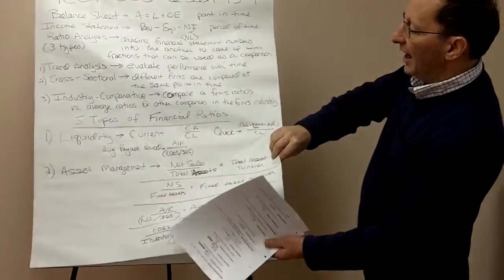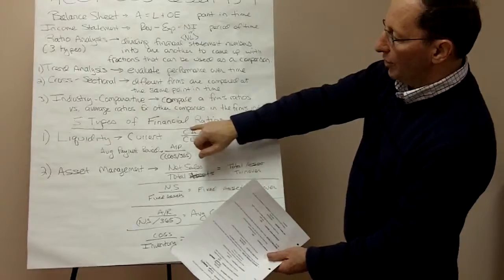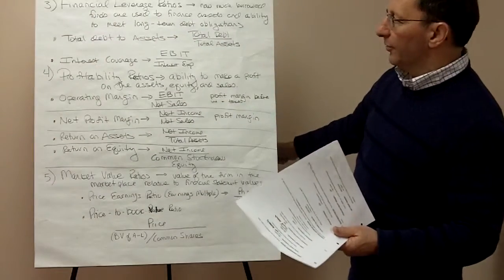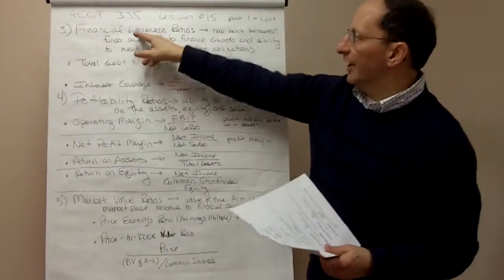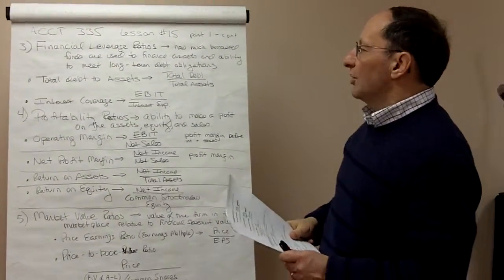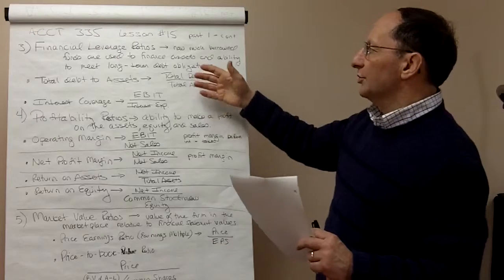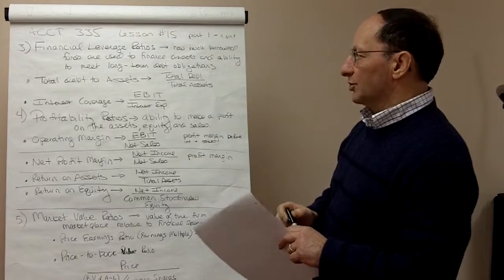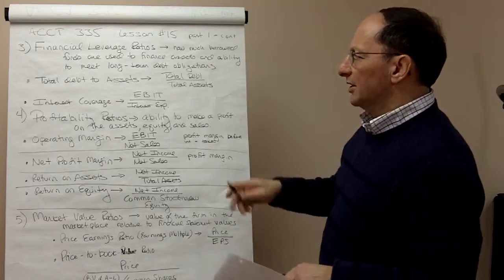Again, we're dealing with the 5 types of financial ratios. We dealt with liquidity and asset management. The others are financial leverage ratios, which is how much borrowed funds are used to finance your assets, and the ability to meet those long-term obligations. There are basically 2.